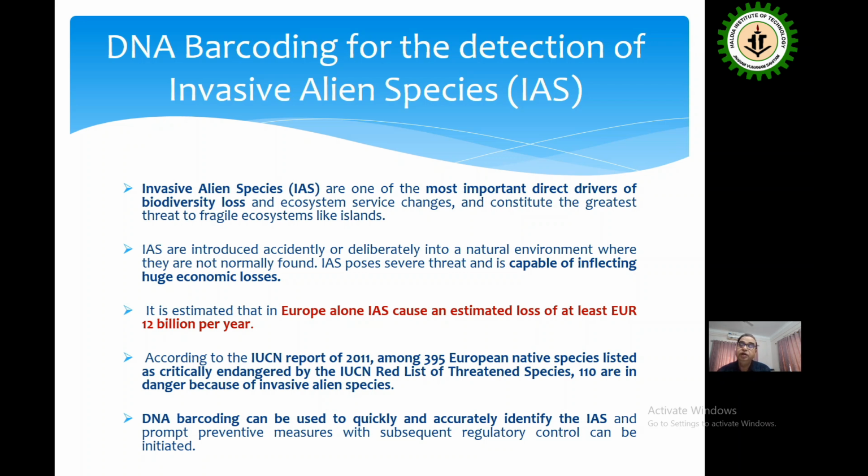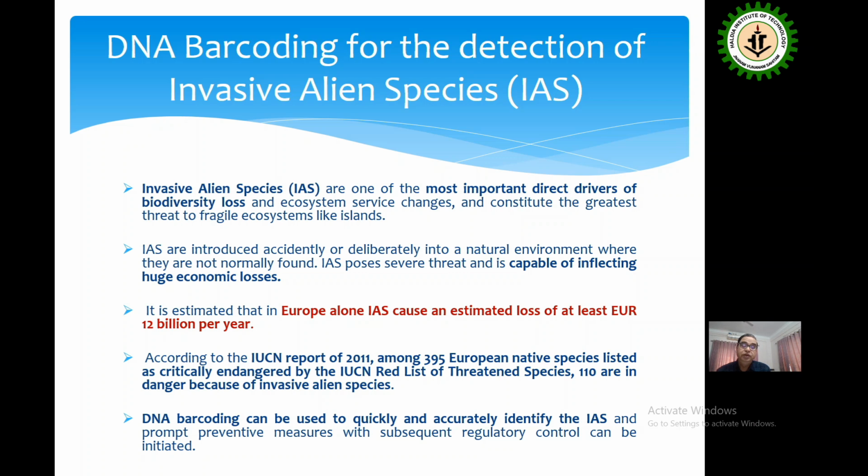Great Barrier Reef, we know that it is a very serious concern now, not only because of this invasive alien species, but also because of coral bleaching and other effects of anthropogenic stress. So an IUCN report shows that among the 395 European native species listed as critically endangered, 110 are endangered because of invasive alien species.